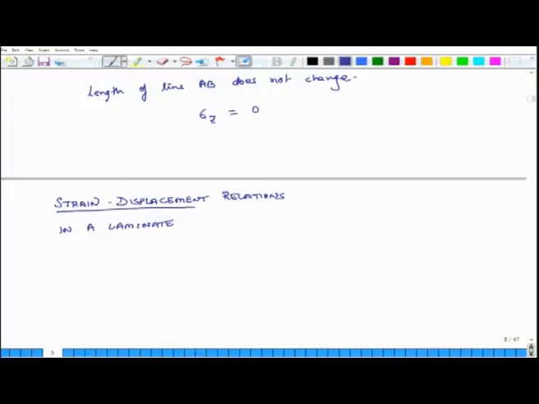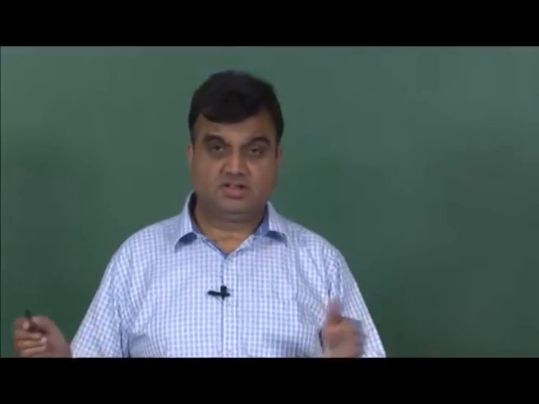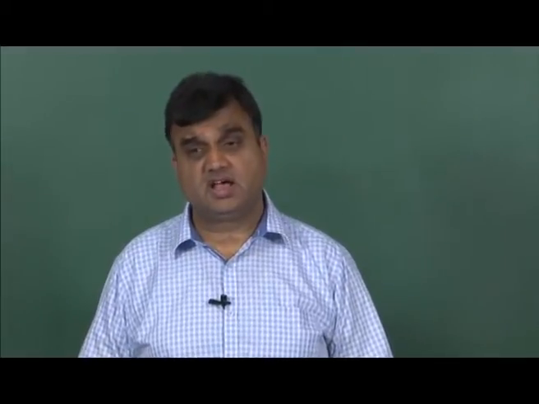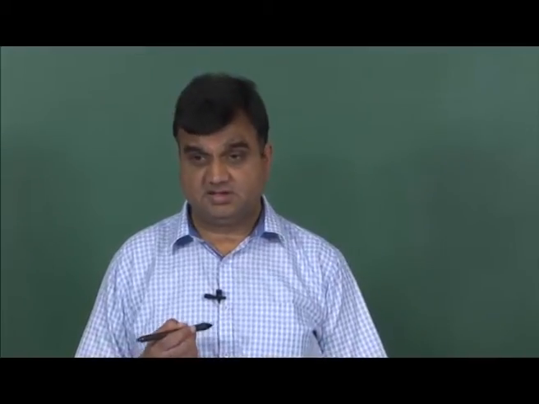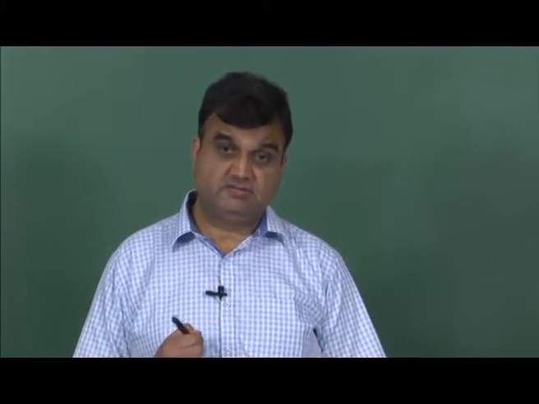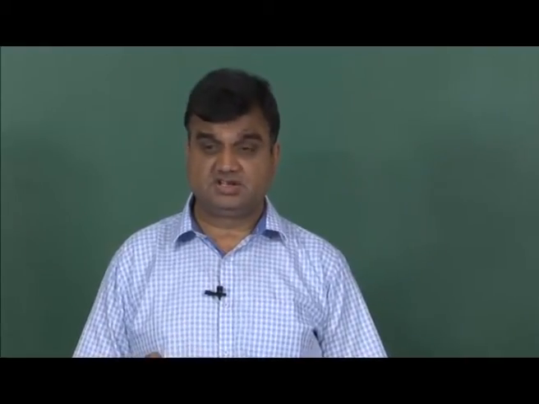So, we will develop relations between displacements in the three directions u, v and w, and strains, and we have already said that three strains are already 0, epsilon z, gamma yz and gamma zx. So, the three strains we will really worry about are epsilon x, epsilon y and the shear strain gamma xy.